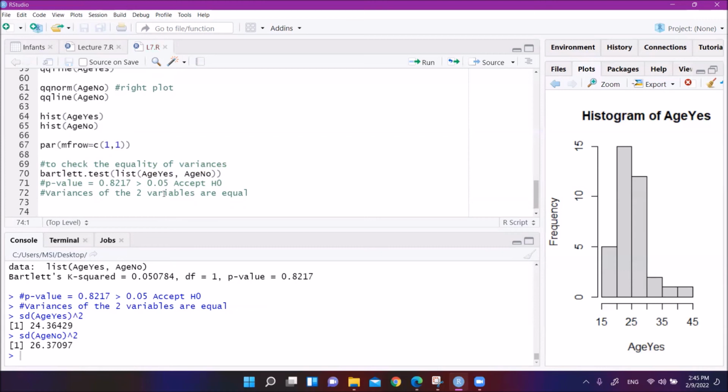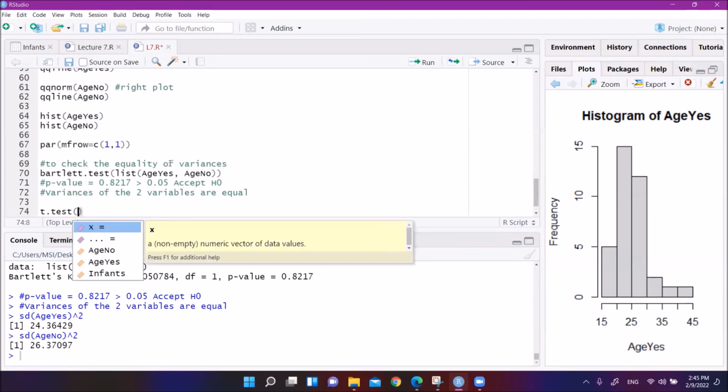Now we know the variances are equal according to this test, and now we can perform the two sample t-test, if we think that the data are normally distributed, or if we can say it is coming from a large sample, right? So that is basically the t.test.